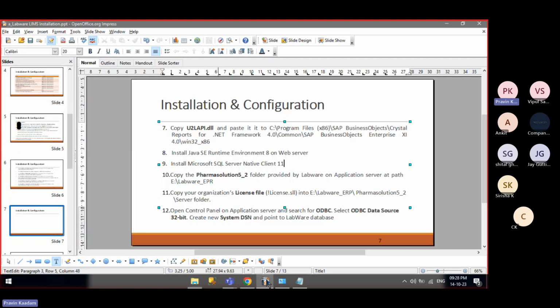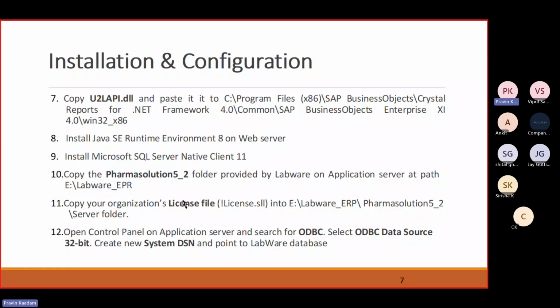You have installed all the required setups and ensured all the prerequisites. Now you copied the Pharma Solution folder. Next is the license file, which is your organization-specific license file, provided by Labware.